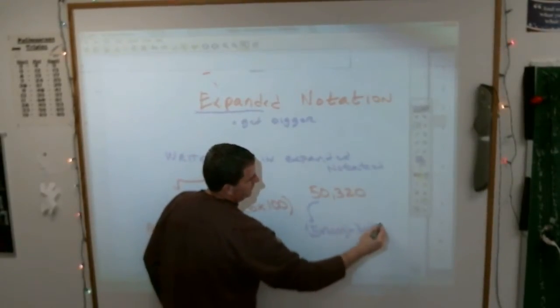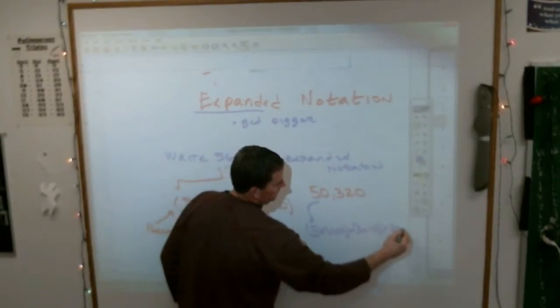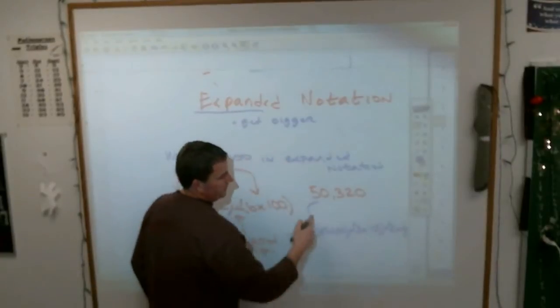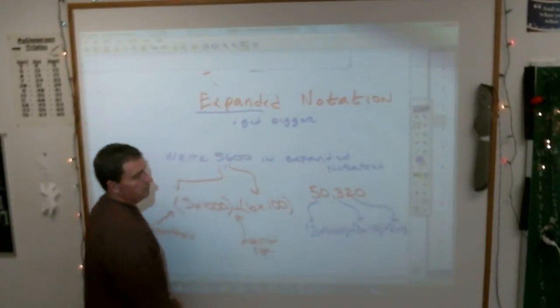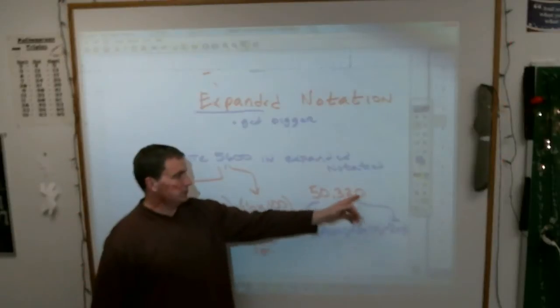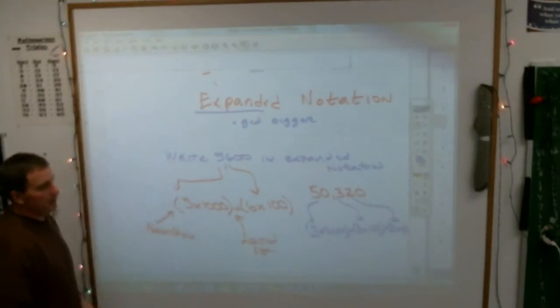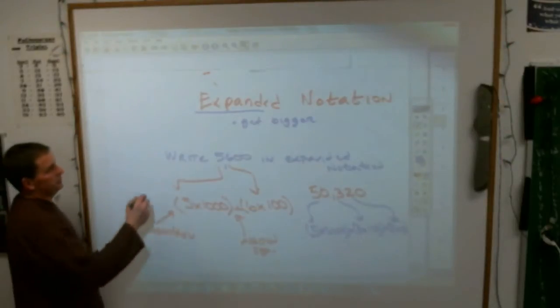The hundreds place. And to that, you're adding a 2 in the tens place. This is expanded form or notation. You don't have to do anything with the zeros. Don't put 0 times 1,000 or 0 times 1 or whatever it is. And you'll be okay. Let me give you one quickly here.